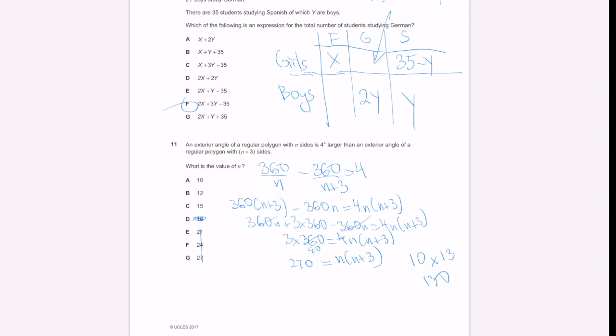So this here is going to be a little bit too small. 12, I suspect, is also going to be too small, but 12 times 15, is that 180? It's too small. Correct answer has to be C. And yeah, 15 times 18 is 15 times 15, which is 225 plus 45, which is indeed equal to 270.